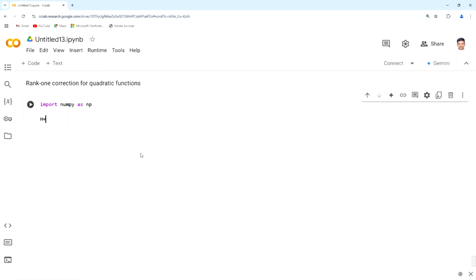So, let H be a random matrix which consists of integers between -9 and 9, a 5 cross 5 matrix. I want to make this positive definite. So, I am going to consider H into H transpose plus I, okay.